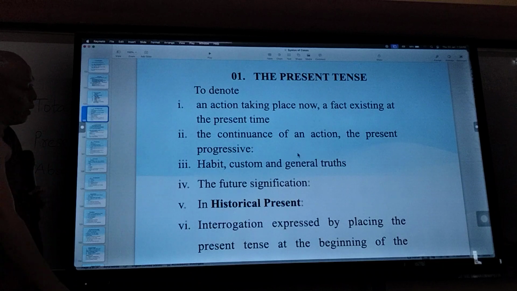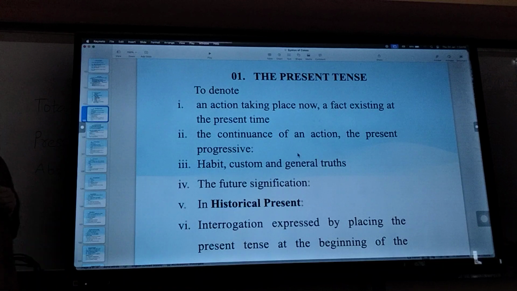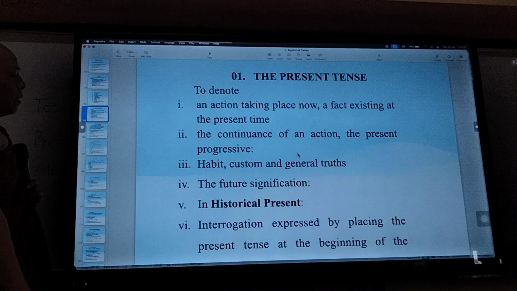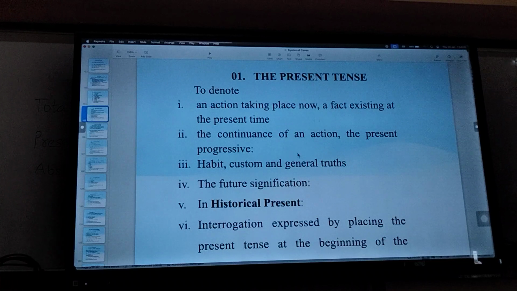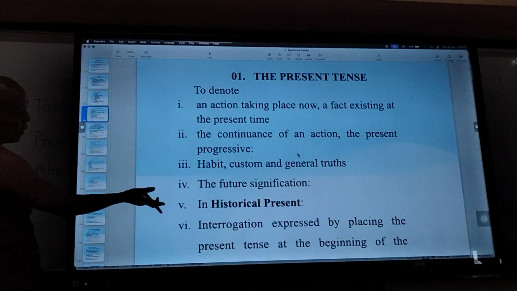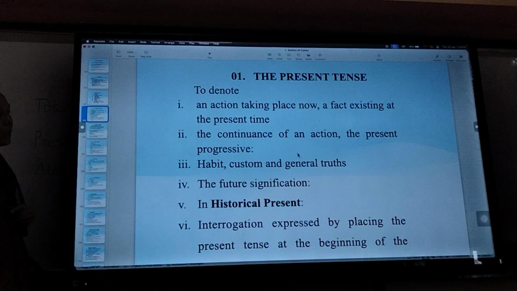Based on the context, like "tomorrow we will go there," we can use just the simple present, and it can be understood as a future tense also. But the point highlighted here is the historical present.